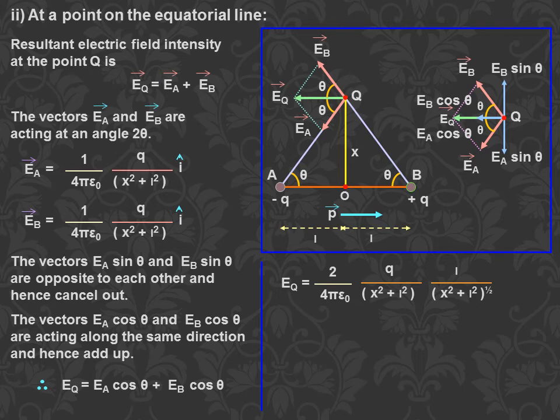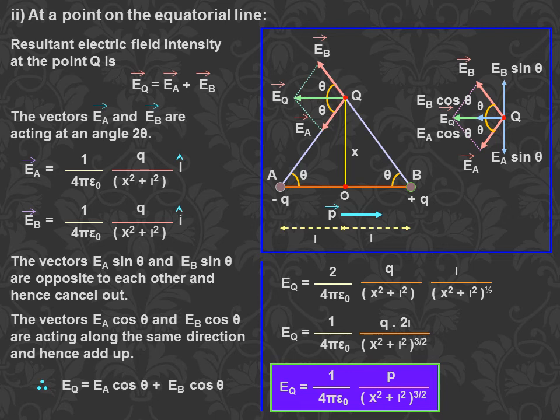We also get one more term, L upon the square root of x square plus L square, which is due to cos theta. Therefore the resultant is obtained. Hence we get EQ equals 1 upon 4 pi epsilon naught, P upon (x square plus L square) to the power 3 by 2.